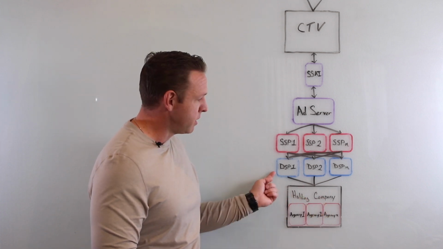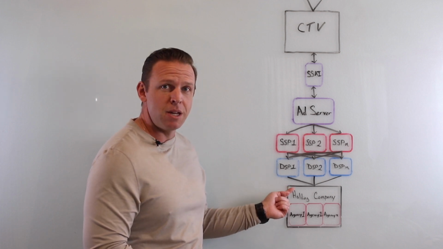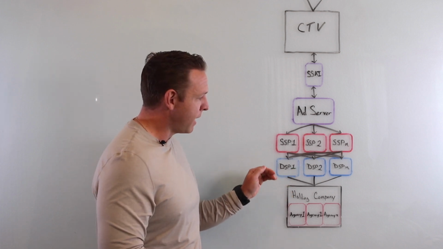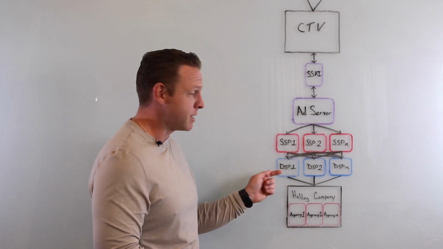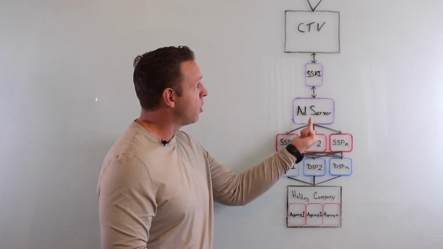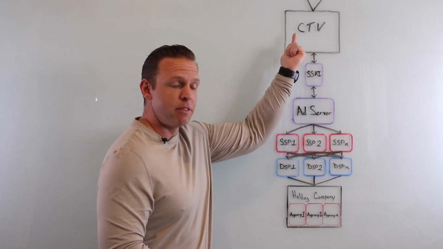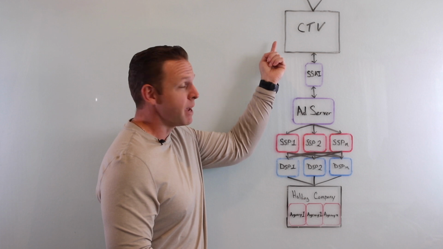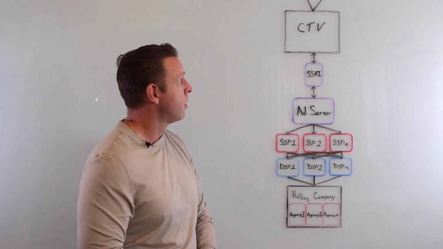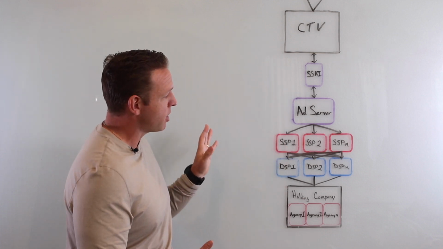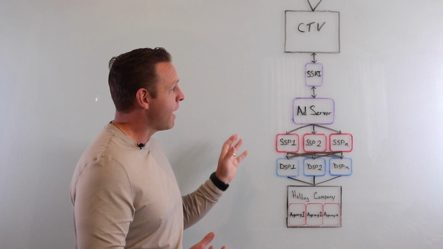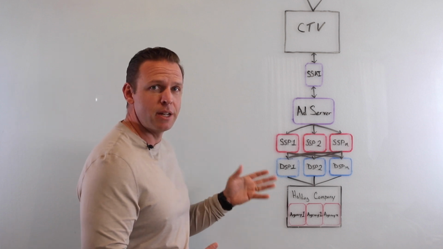The budgets go into the DSP, and the DSP is the layer at which all of that decisioning and logic gets activated, so it can go all the way back upstream, and the brand's creative can make it to the user. And that is a general summary of how advertising works programmatically in CTV.